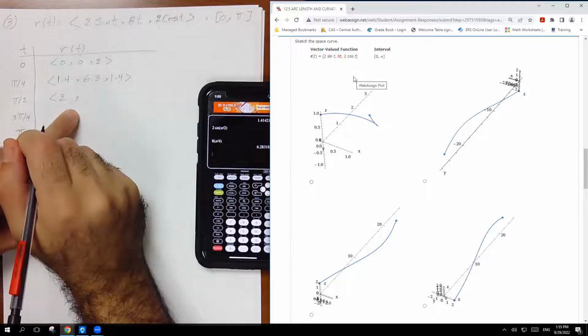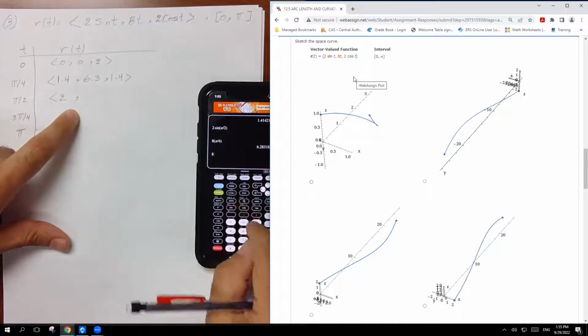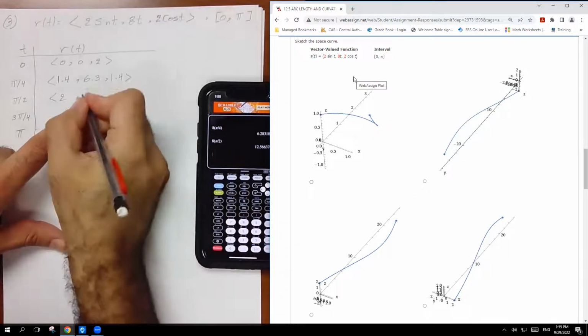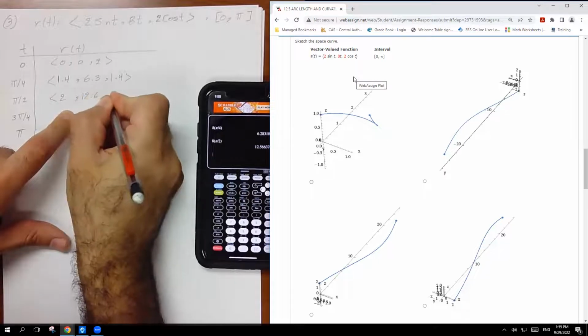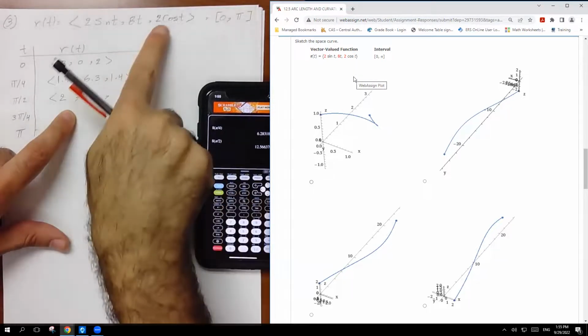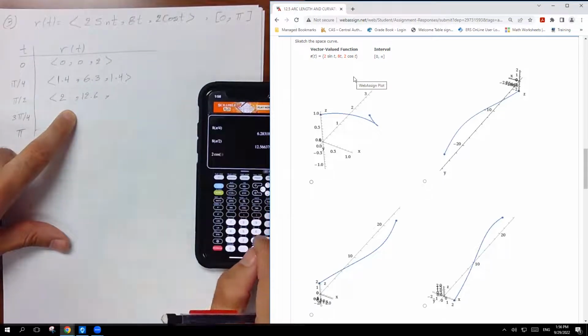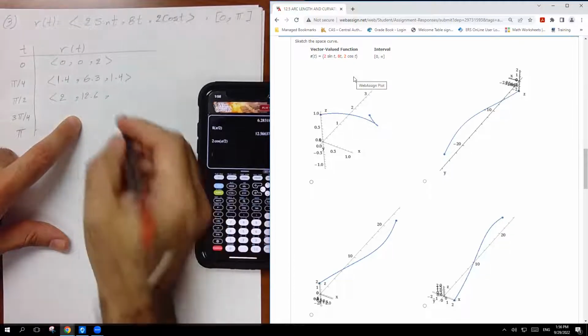Is that the same thing? Pi over 2, I did pi over 4. Yes, 8 times pi divided by 2 is 12.56. So I'm going to say 12.6. And I'm going to plug in pi here. 2 cosine pi over 2. Pi divided by 2 is going to be 0.